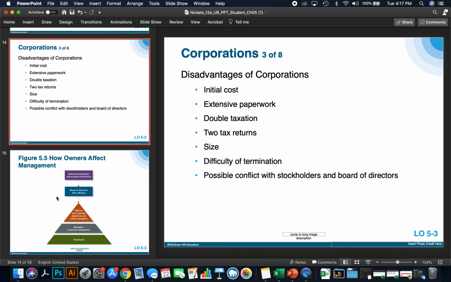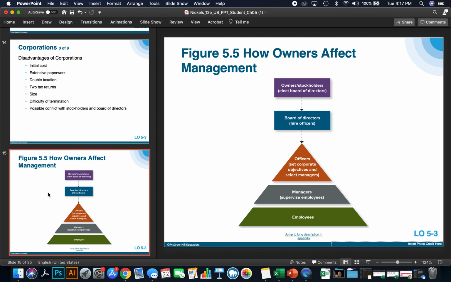Some disadvantages include initial cost, expensive and extensive paperwork, double taxation (filing two tax returns), and the size, which makes it very hard to run a business when it's so large. There's also difficulty of termination, and possible conflict with stockholders and the board of directors.